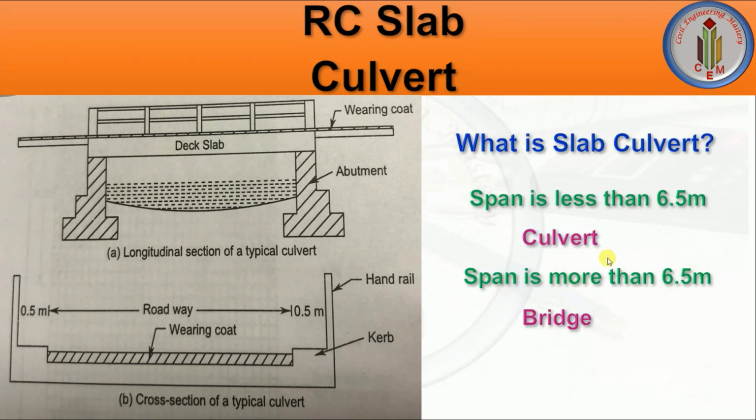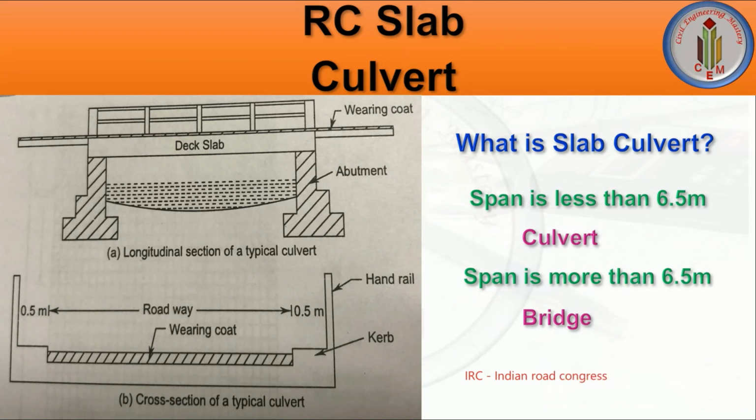If the span is less than 6.5 meters, we call it a culvert. If the span is more than 6.5 meters, then we call it a bridge. This is as per IRC. IRC is the code we refer to for designing culverts and bridges. That is the Indian Roads Congress.